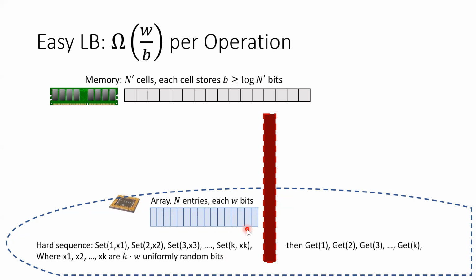This long random string has k times w bits. Every time we use a set operation to write w bits into the abstract array. Then we retrieve this long random string back using get operations.